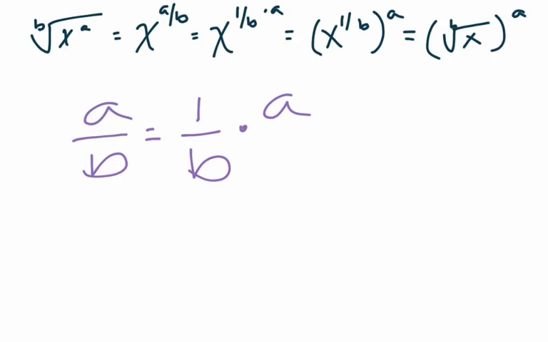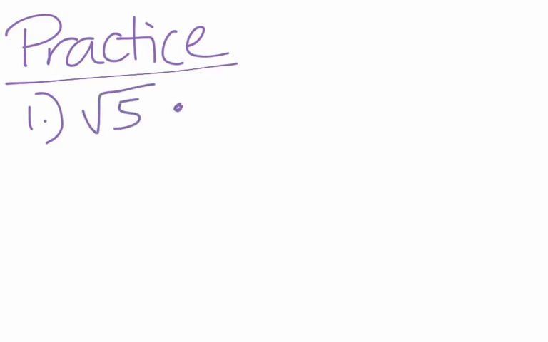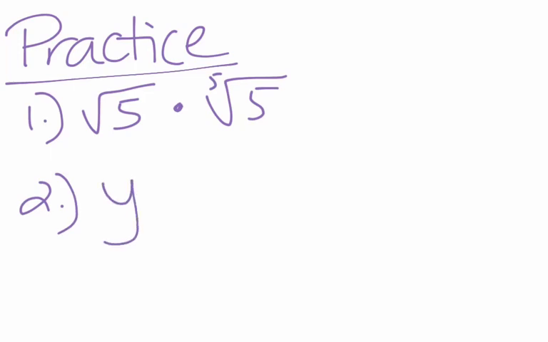I'm going to put the other 2 practice problems up there because I'm not quite out of time, but I have a feeling that when we do this in class, we probably will be out of time. But I don't know that as I'm recording it. So I'm going to put the practice problems up there, and we'll do in class whatever we need to do in class. But here are the 2 practice problems.